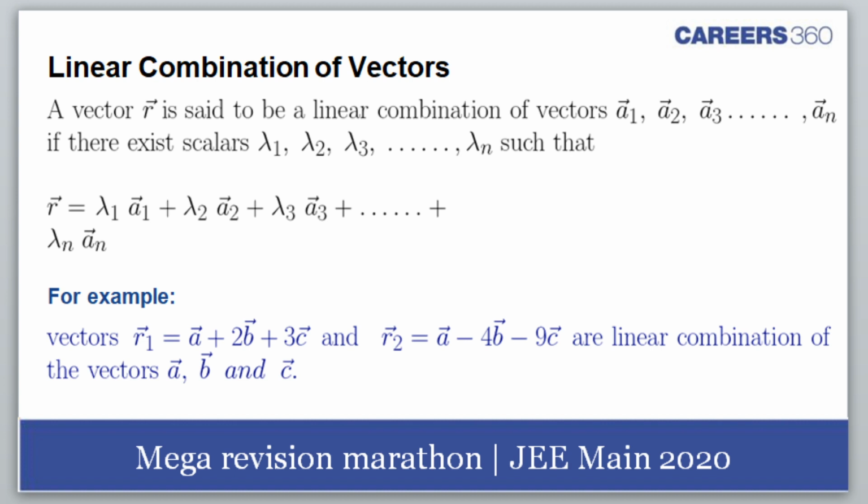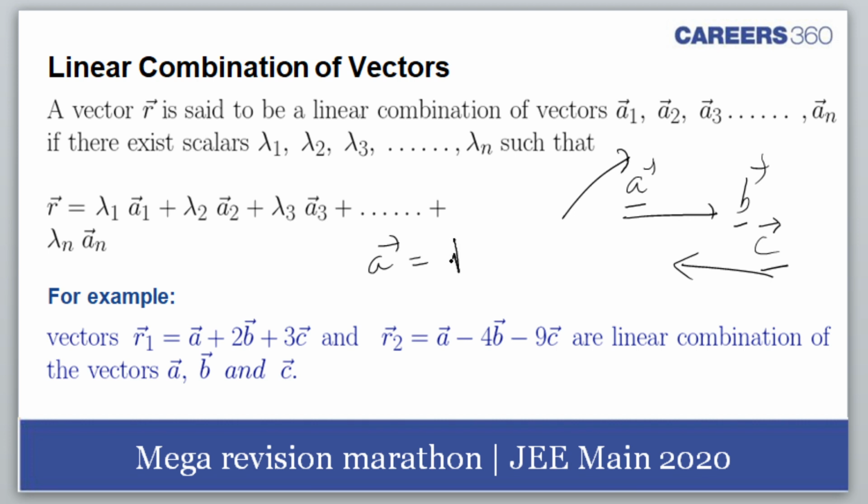For example, for coplanar vectors, what do we have? If three vectors A, B and C are coplanar, since I'm making it on the plane of the screen, then any vector out of these three will be a linear combination of the other two.